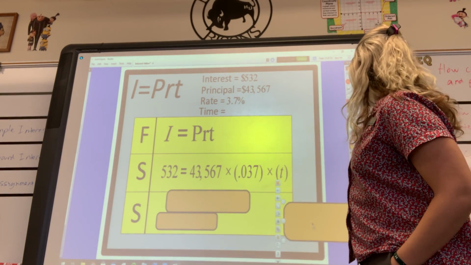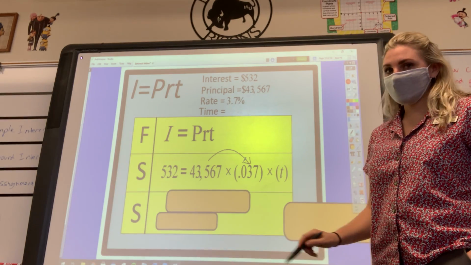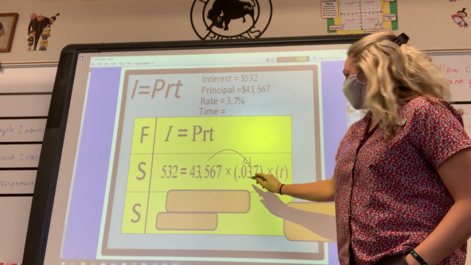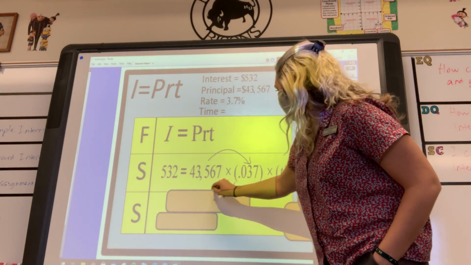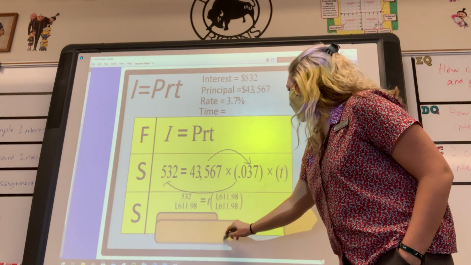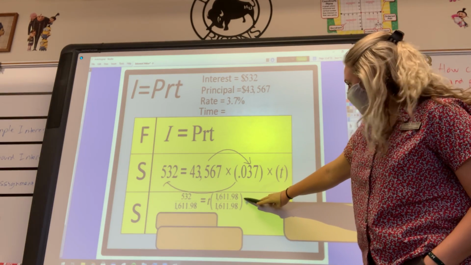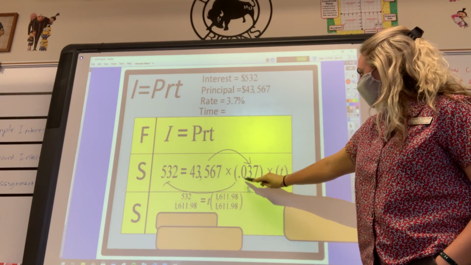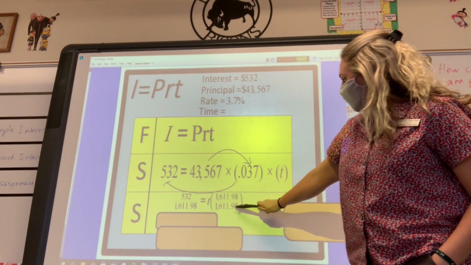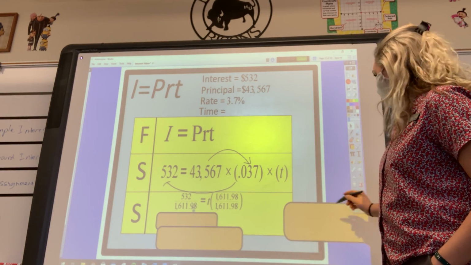So again, like Mr. Campbell said, you multiply what you can, which is these two numbers here, and then you're going to divide by your interest. It will look something like this. So you're going to get this mess of a number here, 1,611 on the right side, and then you're going to divide both sides by that number in order to be left with your time.